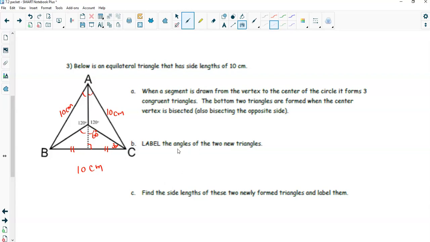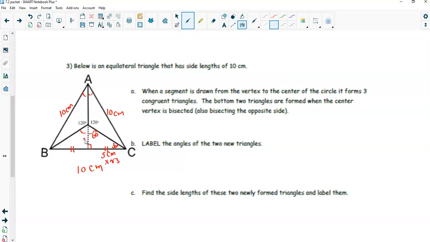All right. Find the side length of these 2 newly formed triangles and label them. Okay, so if it's bisected and this whole side was 10 centimeters, then it means this is 5 centimeters and this happens to be the long leg. See that? The long leg is always x times the square root of 3.